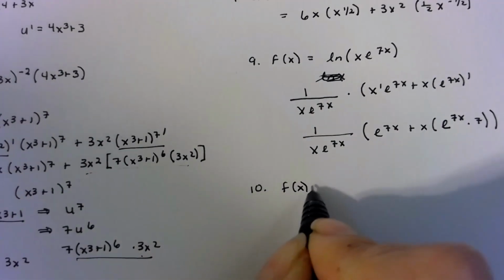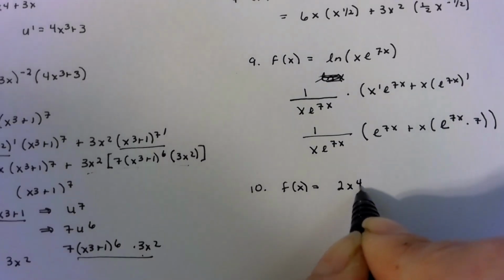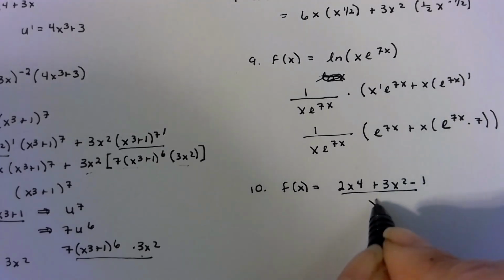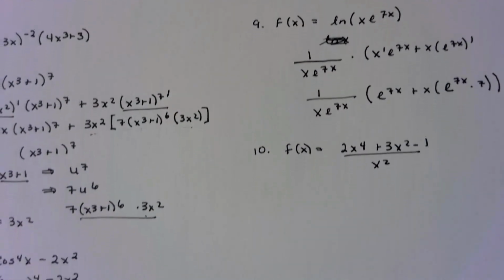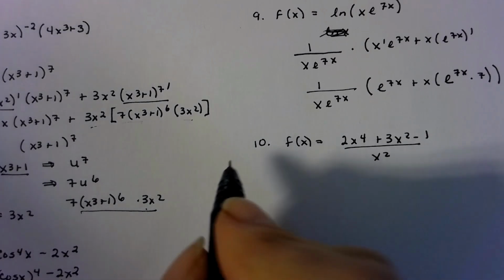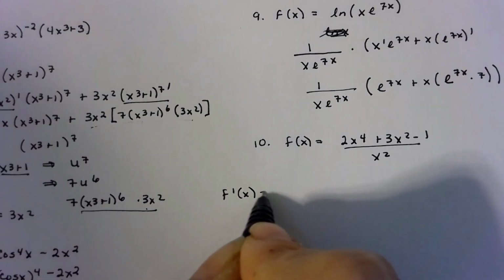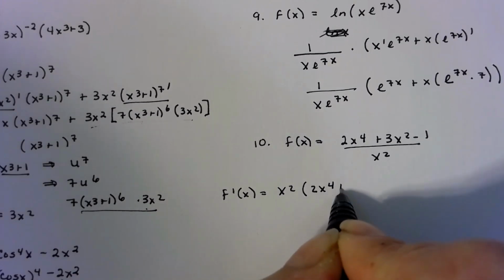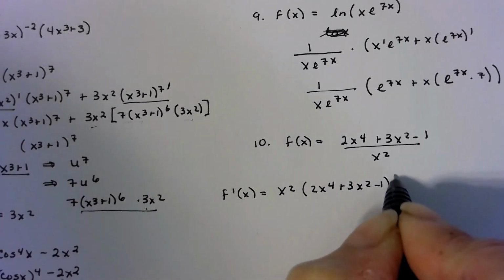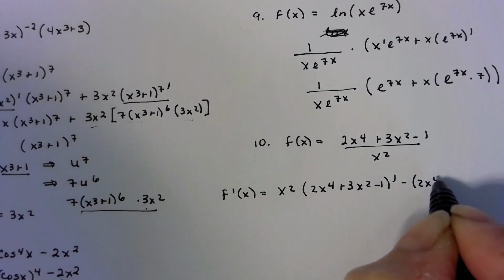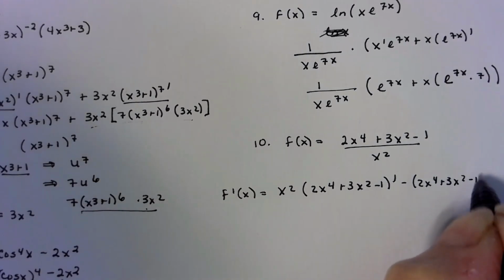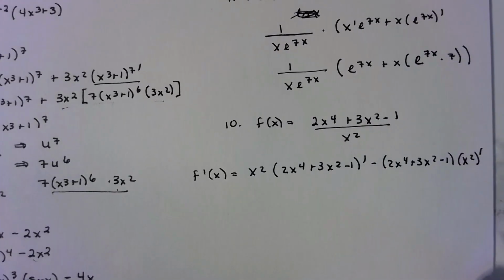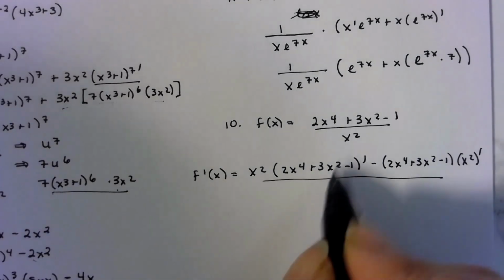Number 10. Boy, I'm moving right along, and I haven't even had coffee yet. F of x is equal to 2x to the 4th plus 3x squared minus 1, all over x squared. So quotient rule, the denominator is pretty simple. Let's do it. F prime of x is equal to low times derivative of high, minus high times derivative of low, all over low squared.